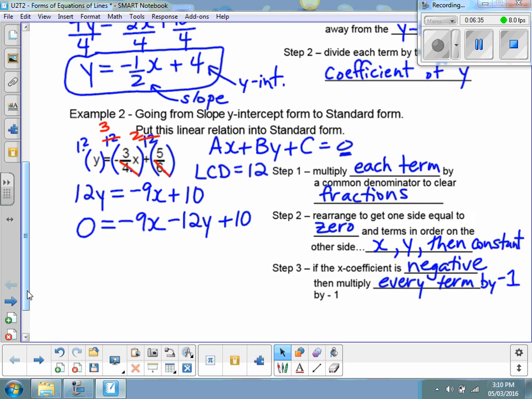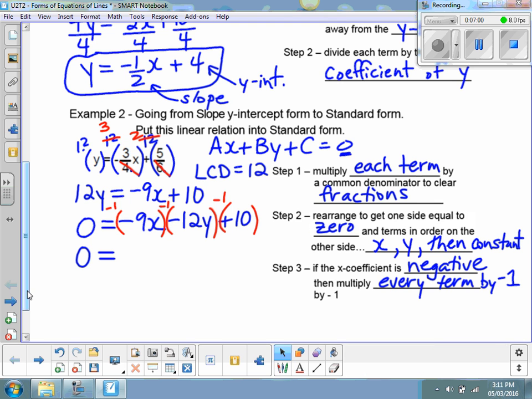So if I do that, I'm going to multiply this term by negative 1. I'm going to multiply this term by negative 1. I'm going to multiply that term by negative 1. So my final answer here is going to be 0 equals negative 1 times negative 9x.